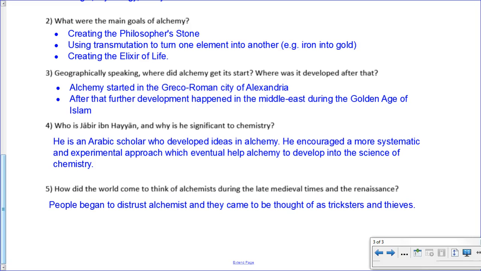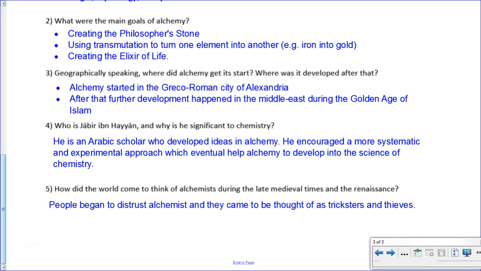After that, Europe entered the Dark Ages, and the development of alchemy really went on in the Middle East during the Golden Age of Islam. There's this guy that I'll talk about here in number 4. I stink at pronouncing his name, but it's something like Jabir ibn Hayyan, who is an Arabic scholar, and he worked with ideas in alchemy, but more than that, what he did was he wanted people to go to a more systematic or experimental approach.